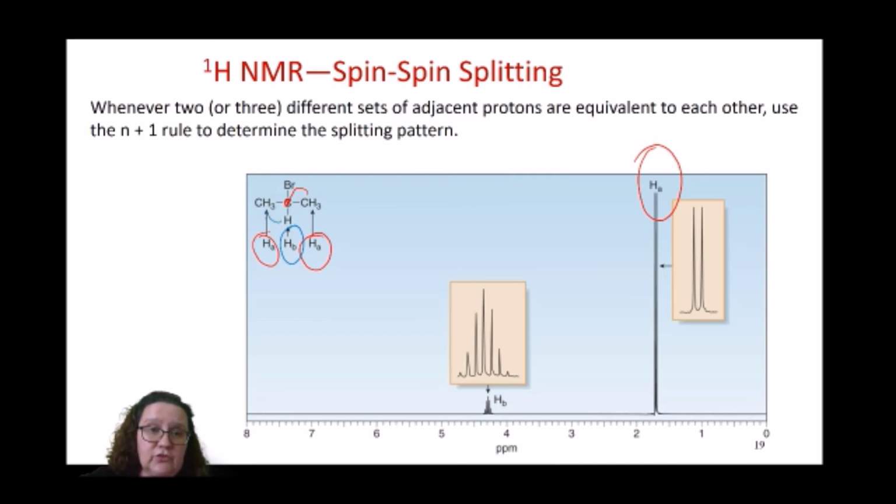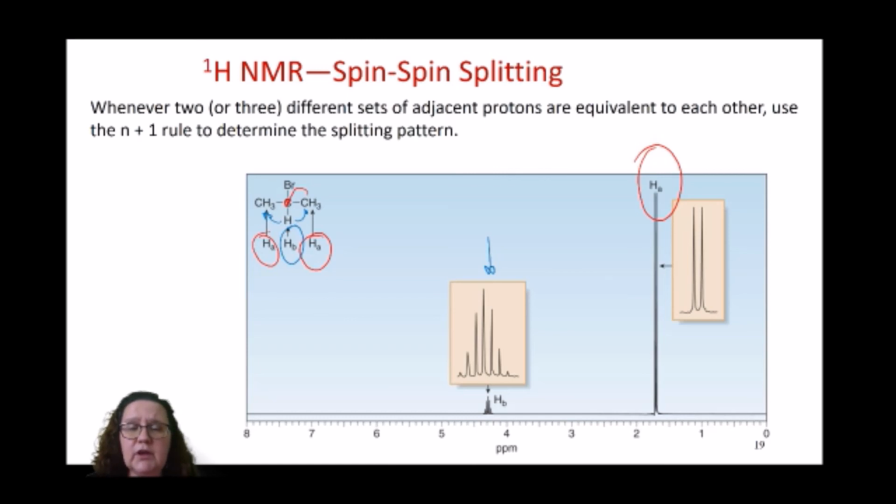This hydrogen has 2 neighboring carbons, one on each side, and they are both methyl groups. In total, there are 6 hydrogens, 3 on each side. So the n plus 1 rule tells us that we're expecting to see a multiplet with 7 peaks, and here it is. A multiplet with 7 peaks that corresponds to those hydrogens, what in the slide is called Hb.